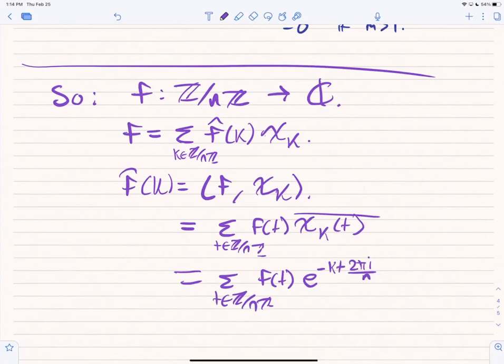Oh, and then divided by n. It looks just like the classical Fourier transform.